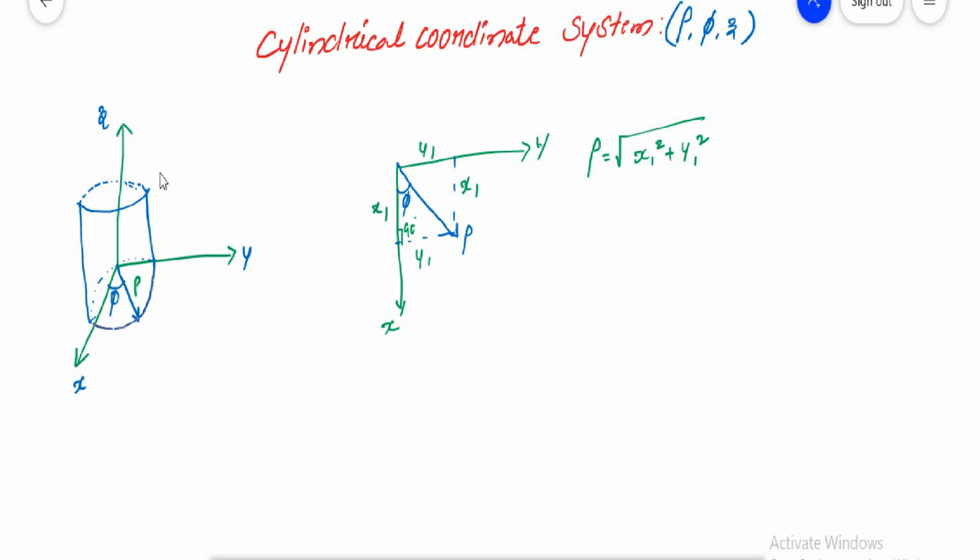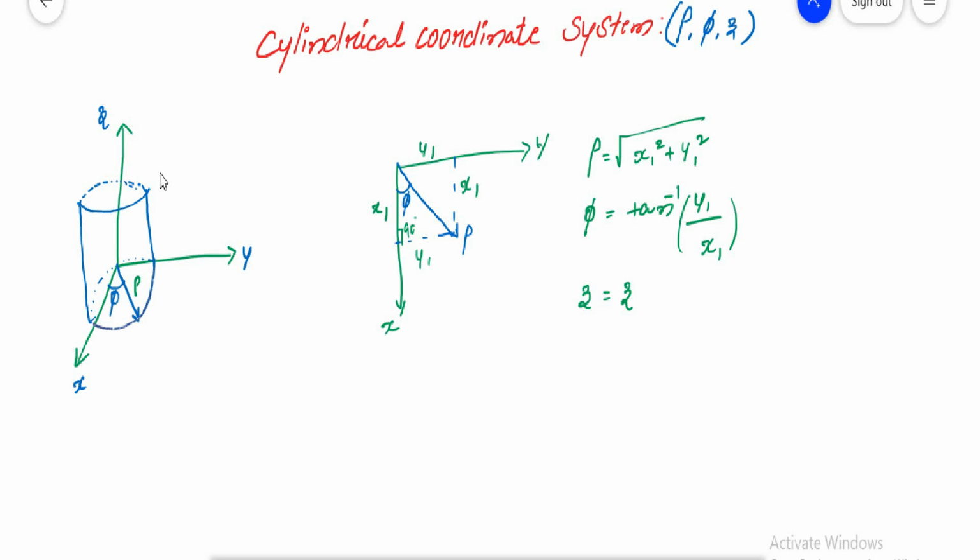Then phi is equal to tan inverse of y1 by x1. And z is nothing but z only. So here we got the cylindrical coordinates in terms of rectangular coordinates: rho is equal to root of x1 square plus y1 square, phi is equal to tan inverse of y1 by x1, z is equal to z.